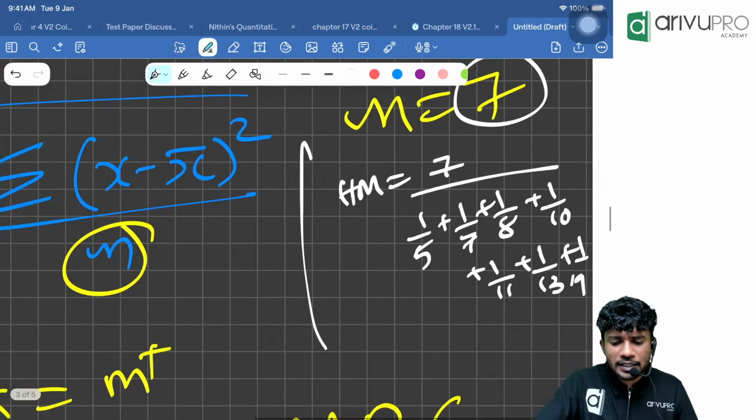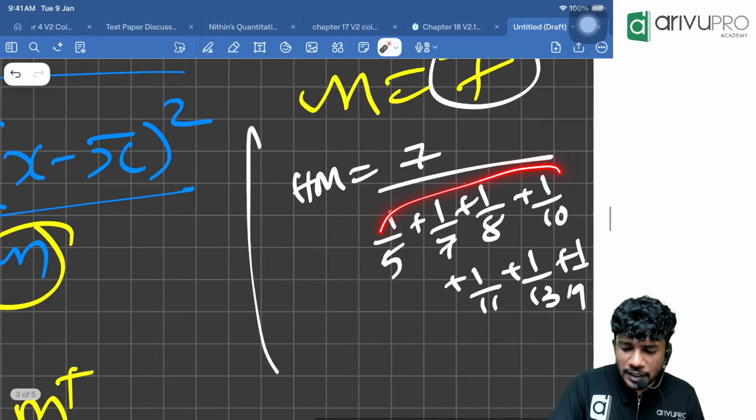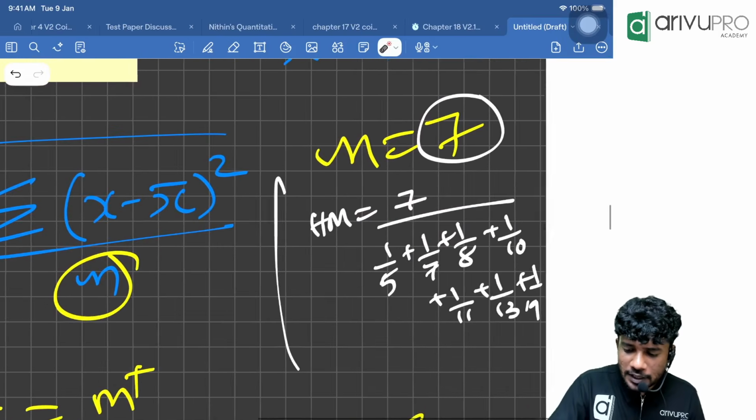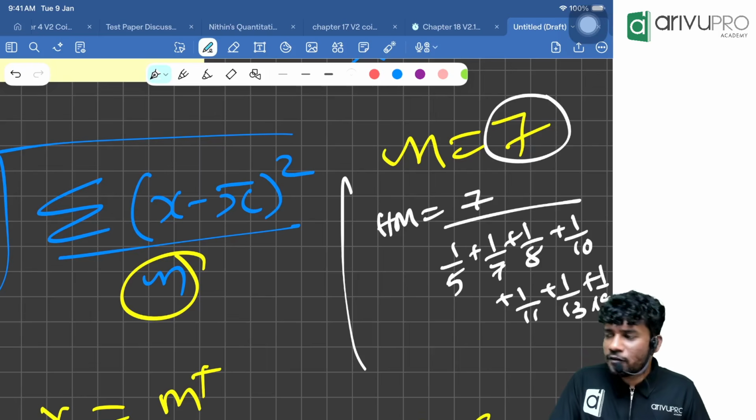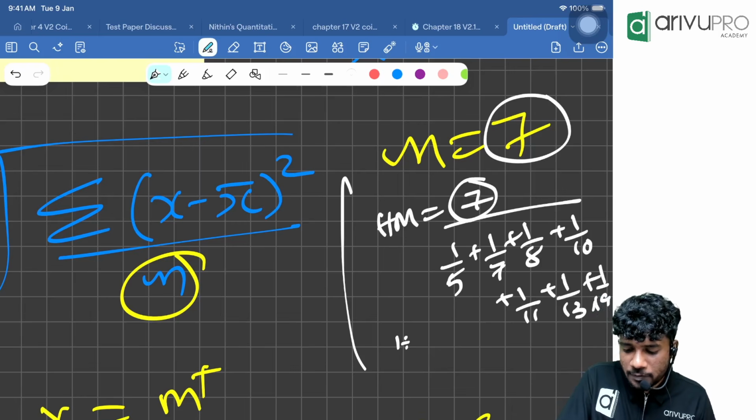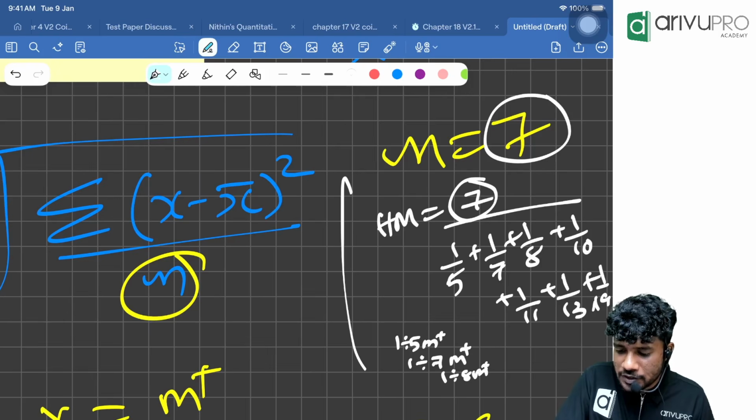Now, how will you calculate it on the calculator? Find the denominator first. So 1 divided by 5 M plus, 1 divided by 7 M plus, 1 divided by 8 M plus, 1 divided by 10 M plus, 1 divided by 11 M plus, 1 divided by 13 M plus, 1 divided by 19 M plus.